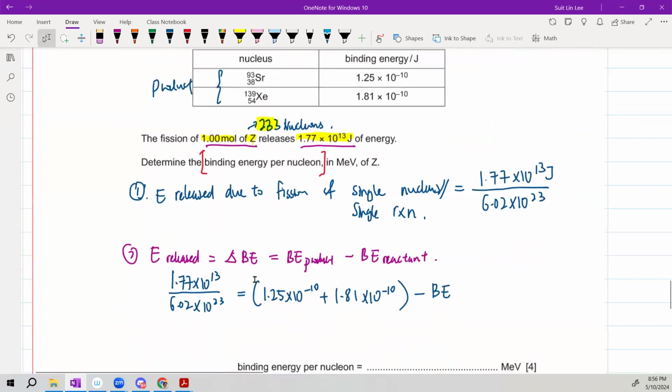All right, so I'm looking for the binding energy of Z. I guess now I can press my calculator. The binding energy of Z would be 5.